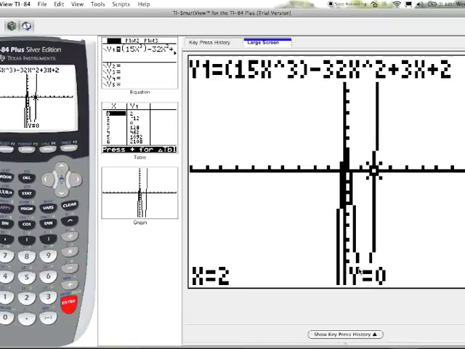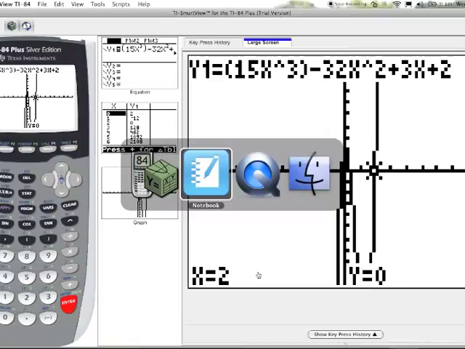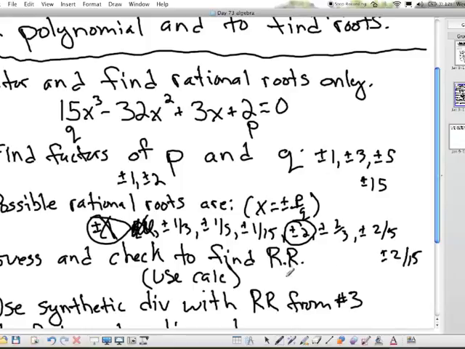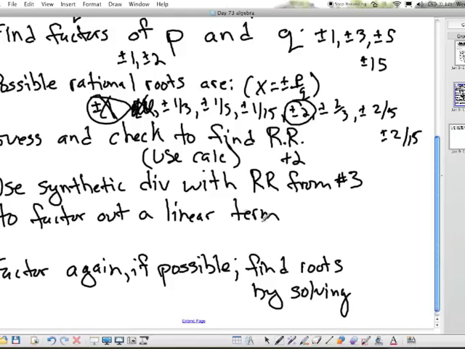I know 2 is a root because y equals 0 when x equals 2. So we know plus 2 is a root. So we're going to use synthetic division with x equals 2 is a root. That means x minus 2 is a factor. So if x equals 2, x minus 2 is a factor.